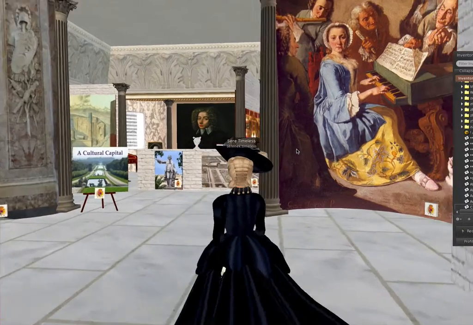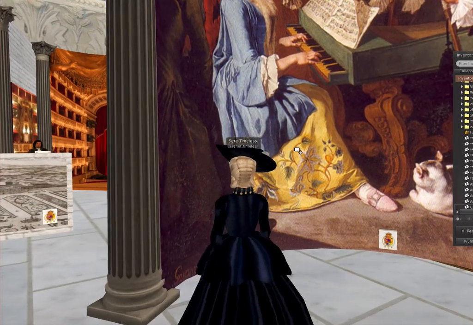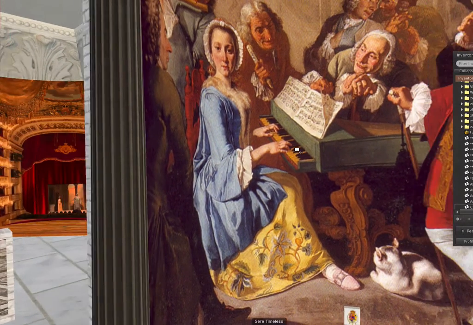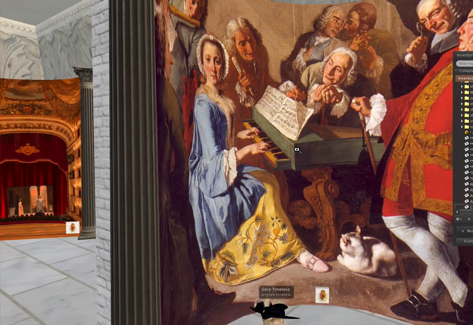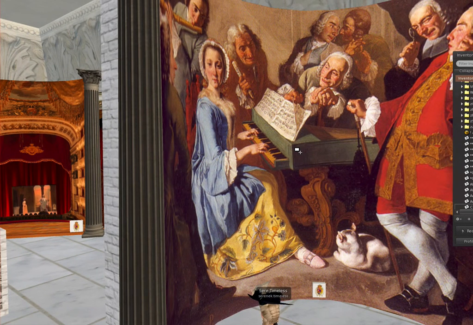At this end of the exhibit, we look at some of the more important cultural developments in Naples during the 17th and 18th century. Naples was known for its music, for its art, and for its architecture, and each bay in this particular part of the exhibit shows one of those aspects.